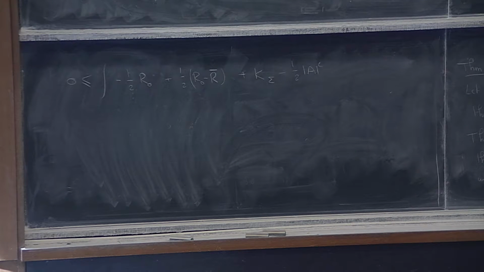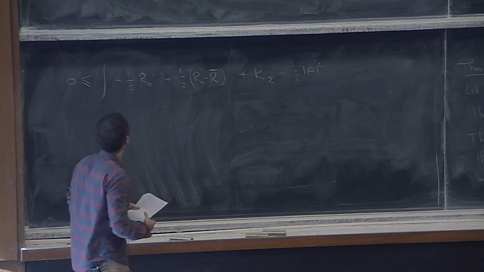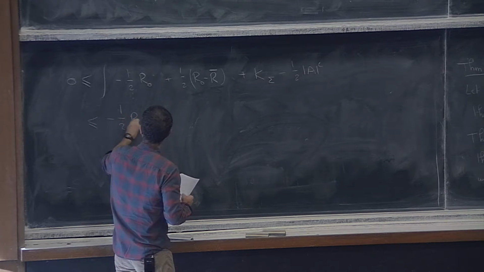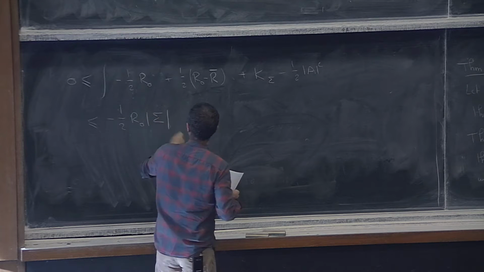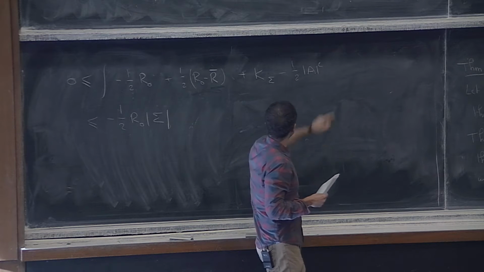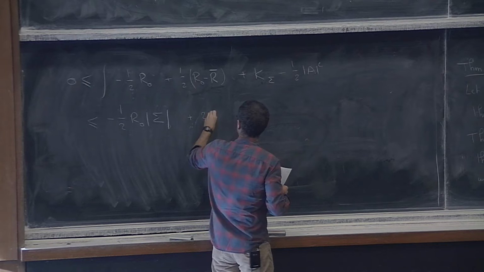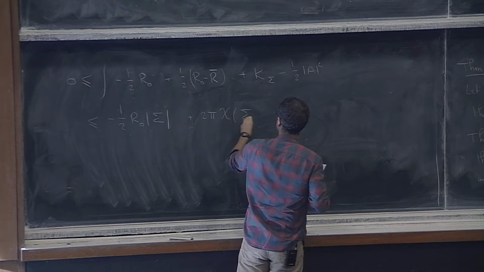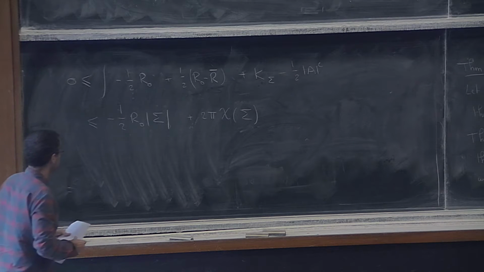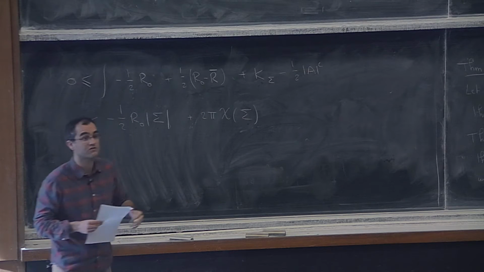Okay? And I use the fact that this quantity is non-positive. So what I get is minus 1/2 R naught times the area of sigma. This term is also non-negative. I get this term, and by Gauss-Bonnet, this is just 2 pi times the Euler characteristic of sigma. So I get an inequality between the topology of the surface, its area, and the constant R naught.